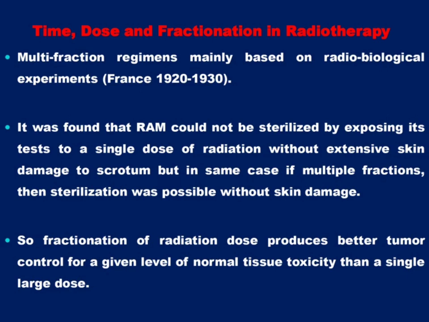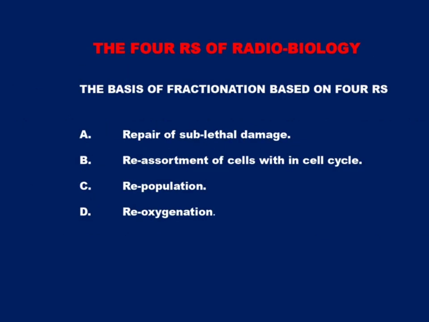This study found that the ram could not be sterilized by exposing his testes to a single large dose of radiation without skin damage to the scrotum. But the same target could be achieved using smaller multiple fractions, sterilizing without skin damage.